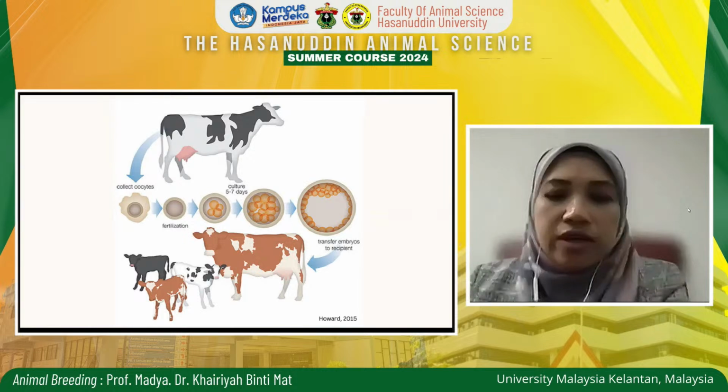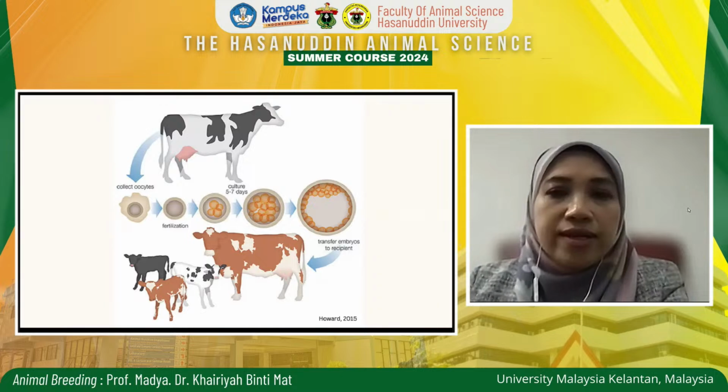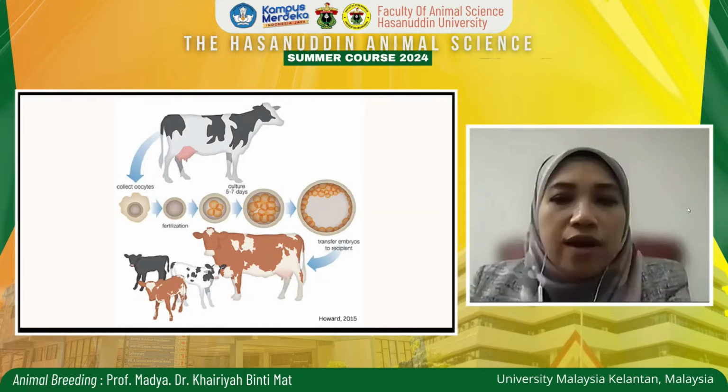So basically, we can reach the goal of animal breeding faster, sooner compared to natural production.